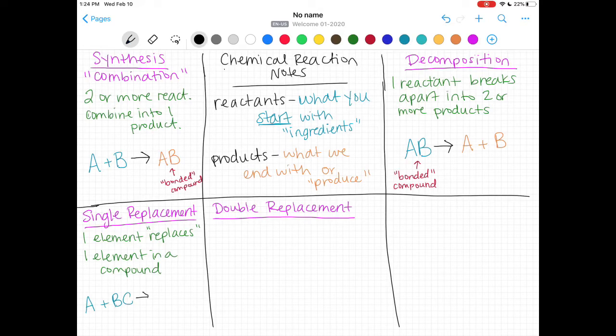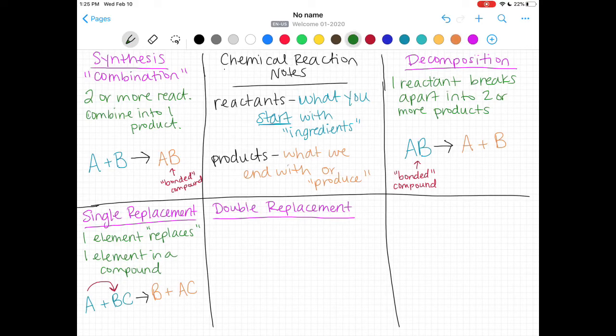Okay, that's my reactants. And then if we look here, what's really going to happen is this A is going to come over here and kind of kick out B. So it's going to replace B. So now B is by itself, and I have AC in place. Okay, so you can see my B and A kind of swap places.